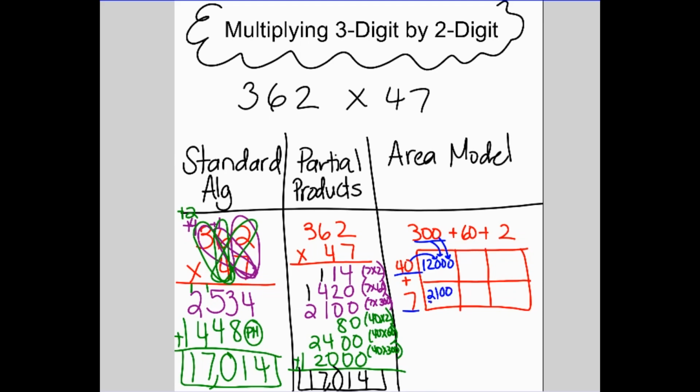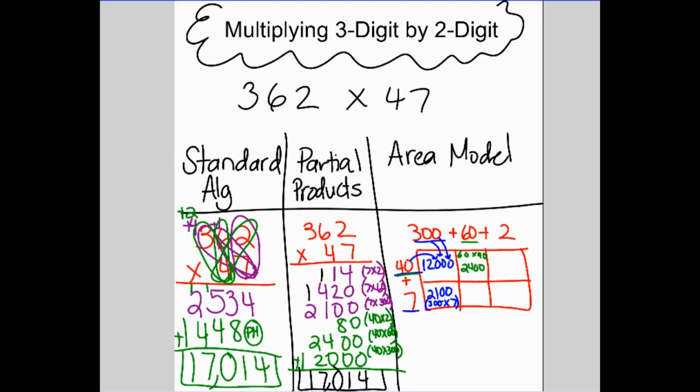Let me put it down here so we could see where it came from. All right, now to the 60. We have 60 times 40. That is going to be 24 with 2 zeros attached.